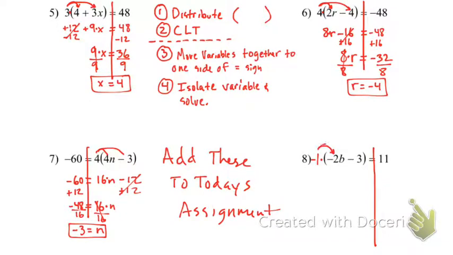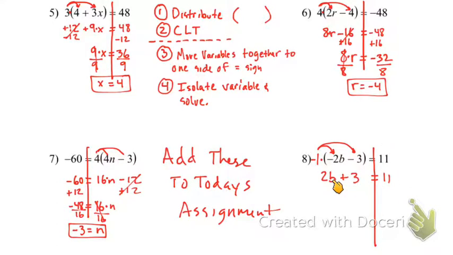We're distributing. So that's negative 1 times negative 2, that's positive 2b. Negative 1 times negative 3 is positive 3, equal to 11. Okay? So no like terms here, no like terms or distributive property here.